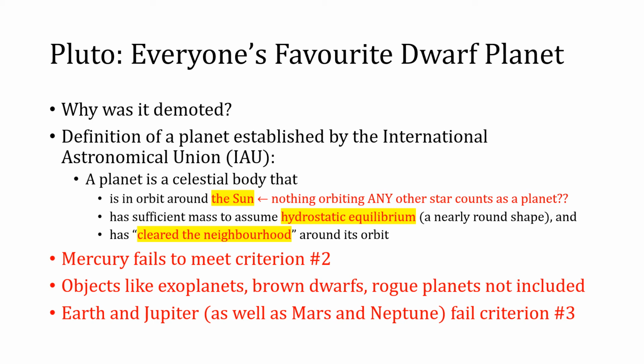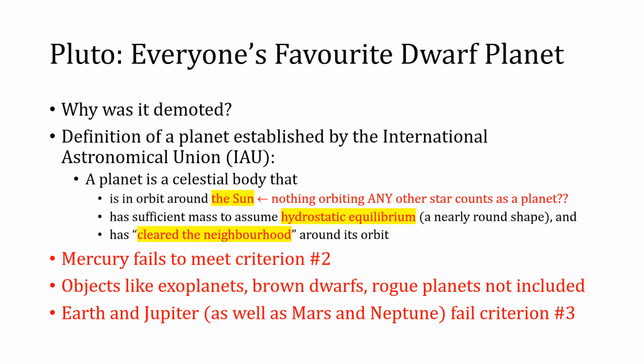The second point is this one about being round. Assume hydrostatic equilibrium. The problem with this is, if you look at the bottom of the slide, Mercury fails to meet this criterion. So that's not good.